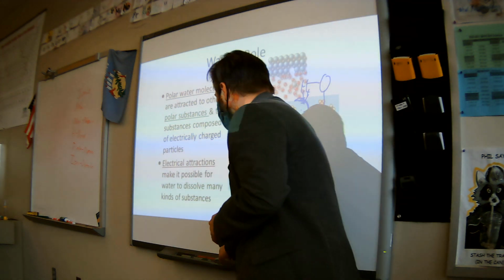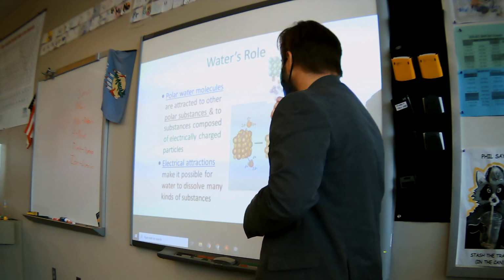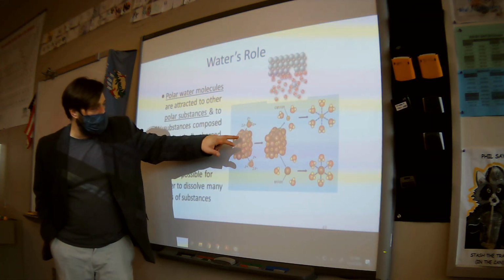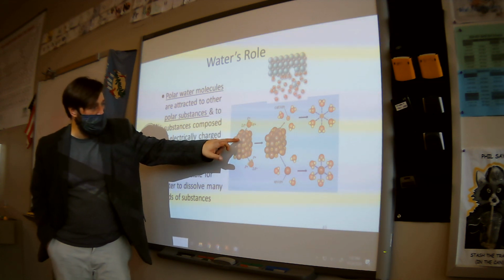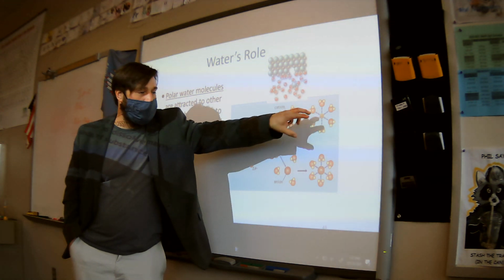This may not be the best picture, but look at the slides on your own time. Essentially, the oxygen side of water is going to attack the cations, pull it off and then surround it.